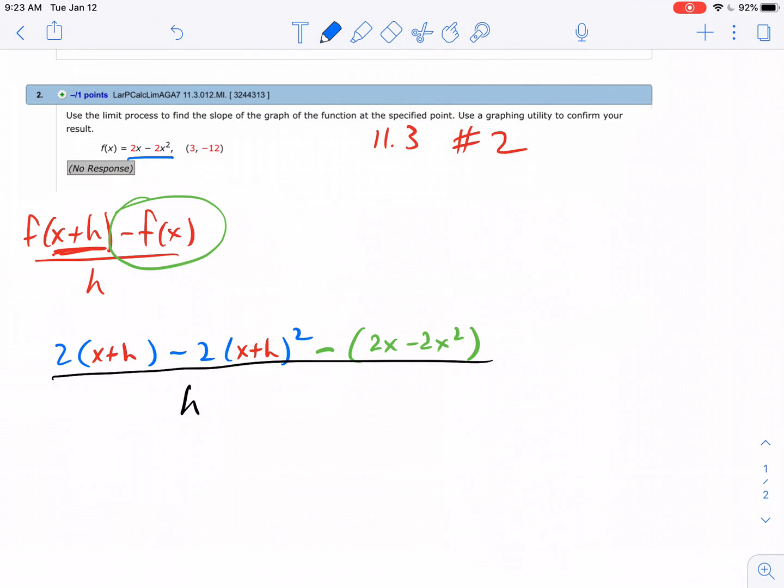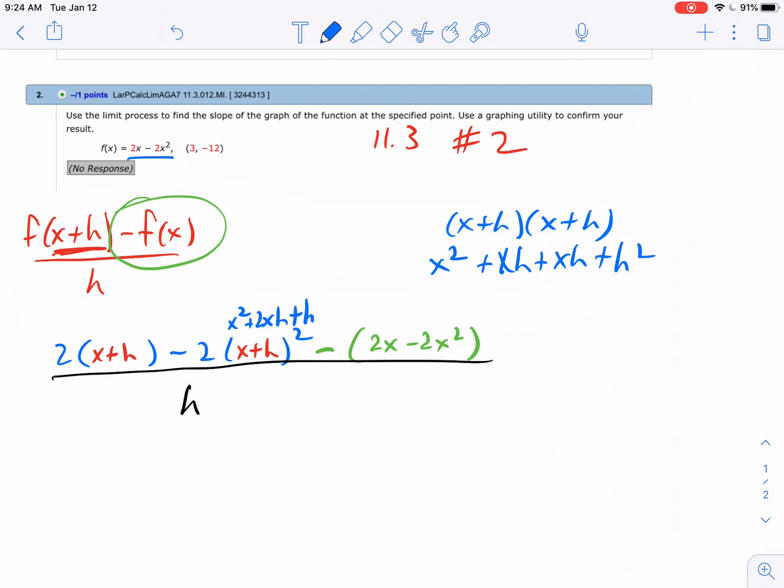All right, so remember x plus h and x plus h, which is this part right here, I'm squaring it, is x squared plus an xh plus an xh plus an h squared. So if you FOIL it or box method, this is x squared plus 2xh plus h squared. So now I can distribute everything.